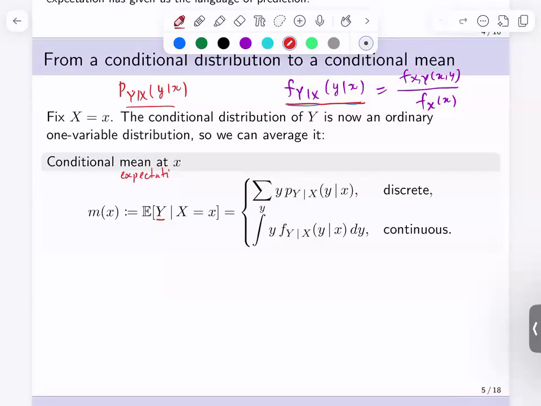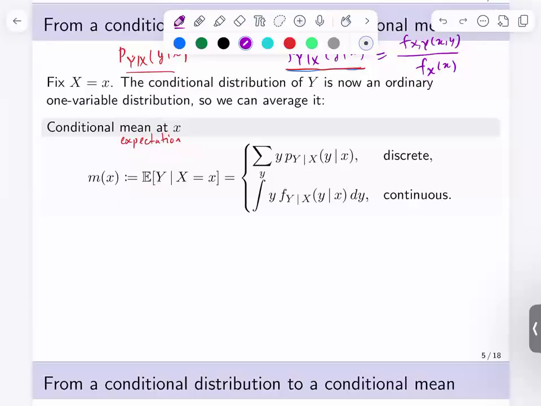You look at the density of y given x, and then compute the mean of that density. In the discrete case, it would be like this. Is this roughly clear? We're going to do some examples. The key is that this is a function of x.